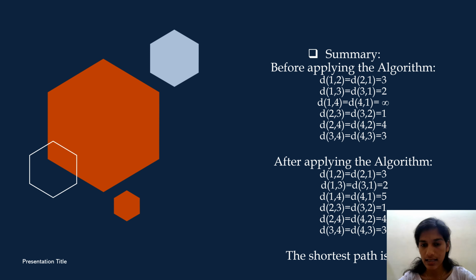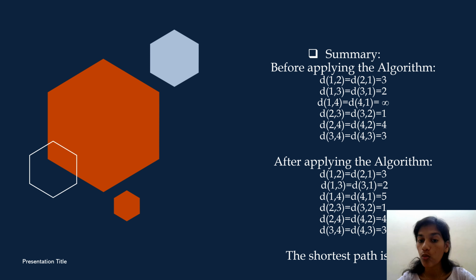On seeing the summary, we'll see that before applying the algorithm, the distance between 1 comma 2 and the distance between 2 comma 1 was 3, and after applying the algorithm it was also 3, which means the given graph already shows the shortest distance. Similarly, D1 comma 3 and D3 comma 1 is equal to 2, and after applying the algorithm this remains the same.